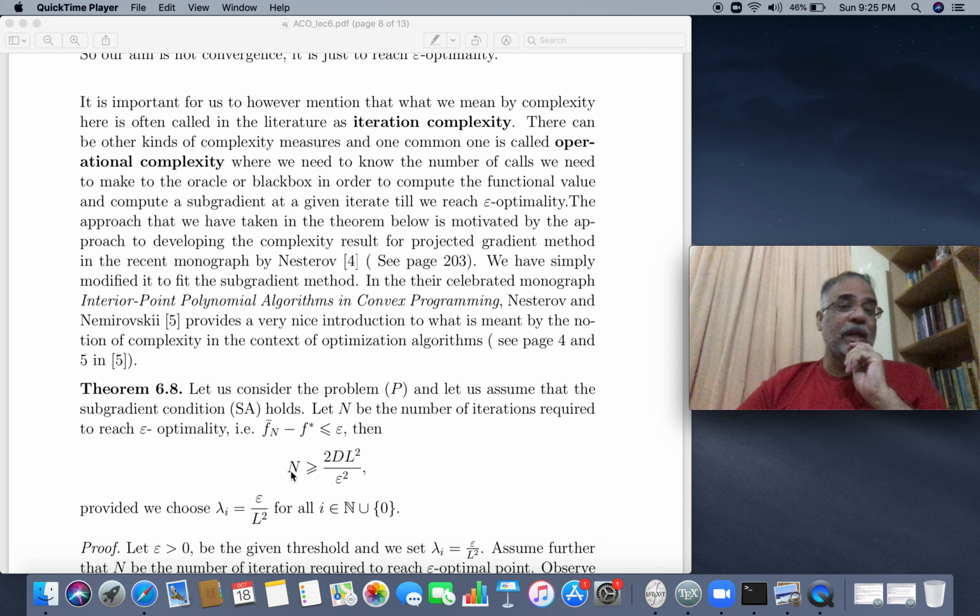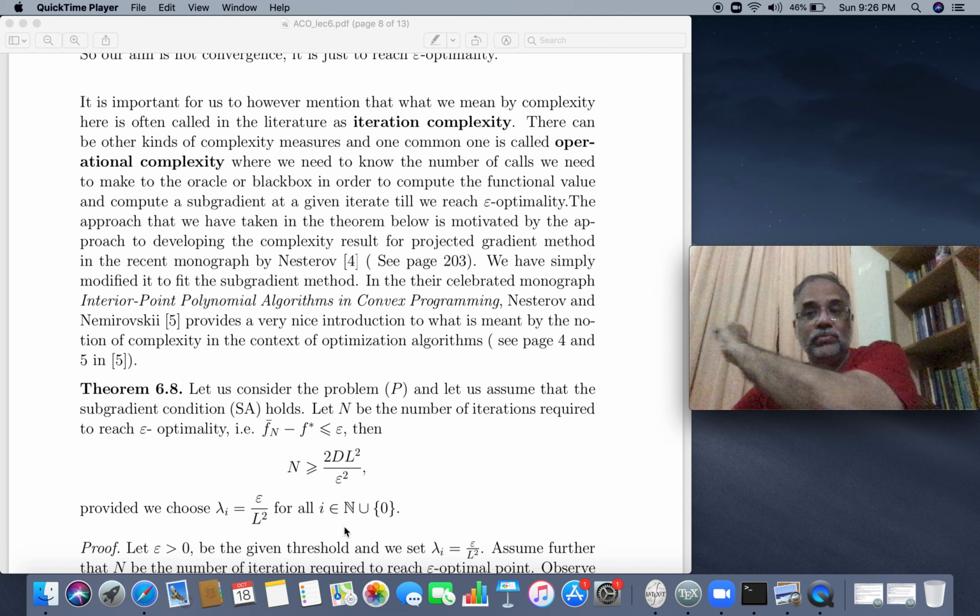So I said, yes, you can do that: for any n which is greater than this quantity, 2dL square by epsilon square. The minimum n value could be taken as the ceiling function of this, provided lambda i is chosen as epsilon by L square for all i starting from 0, 1, 2, 3, 4, everything.